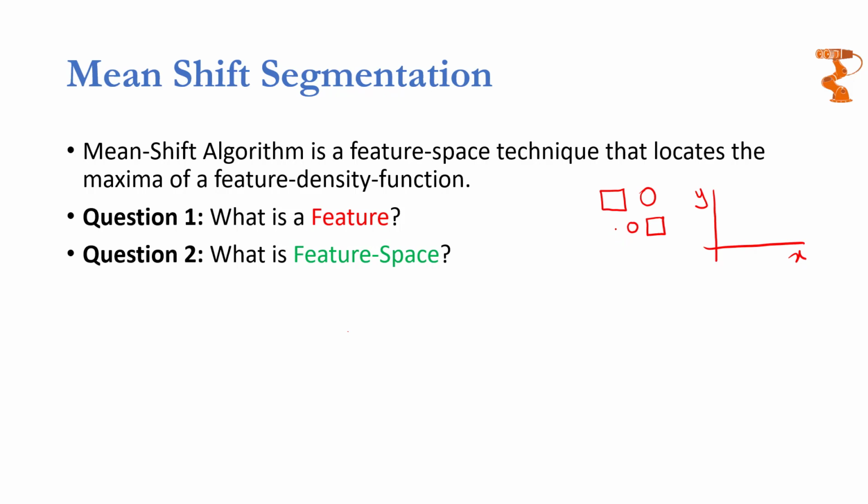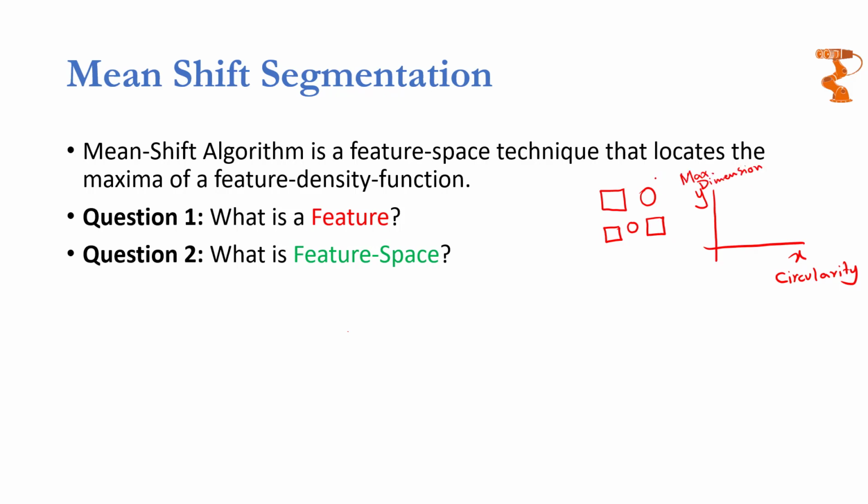There are different sized squares and circles, and the feature which we are looking at is, for example, the circularity. So this x might be representing circularity, whereas y might be representing the radius or the maximum dimension.